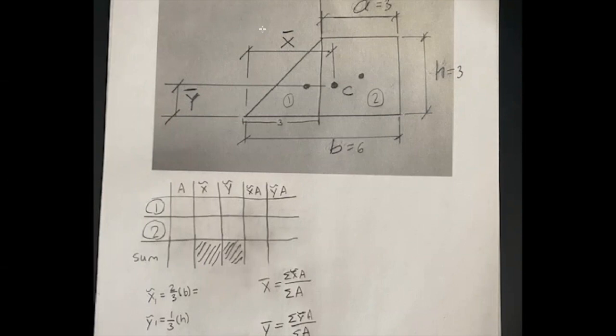For a triangle, to get the centroid in the x direction, we usually do 1/3 times the base length, and we get the centroid here. But because of this given measurement point for x, we have to go 2/3 from this point here to get our centroid length.